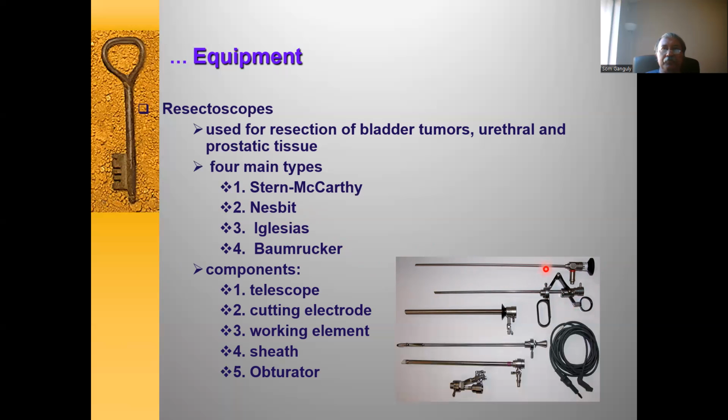So telescope, cutting electrode, cord, working element right here, sheath. These are all sleeve or sheath, and obturator. These are the components for your cystoscope and resectoscope, primary component.